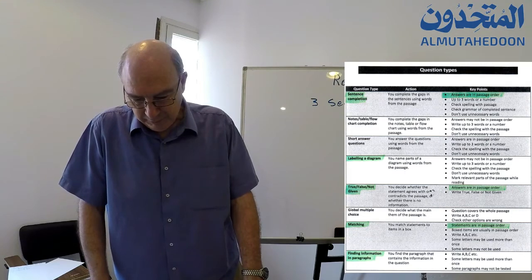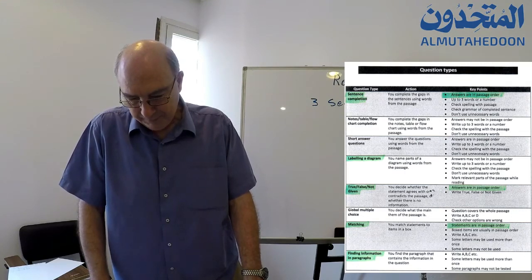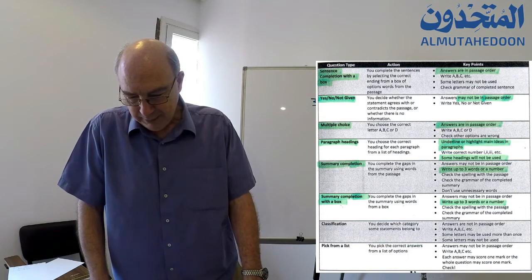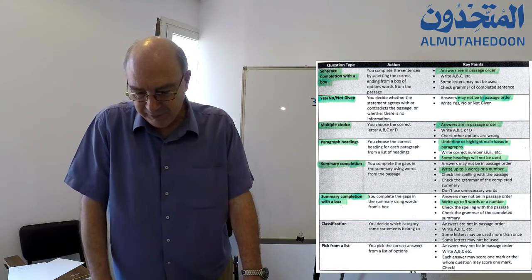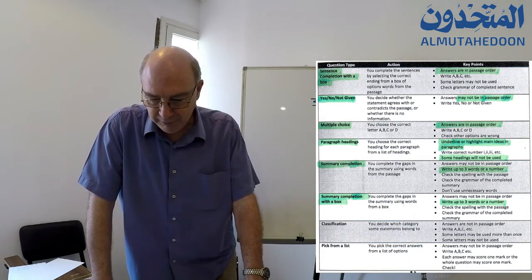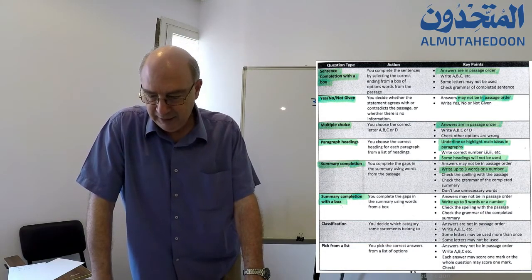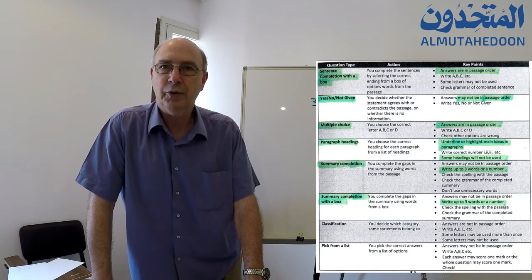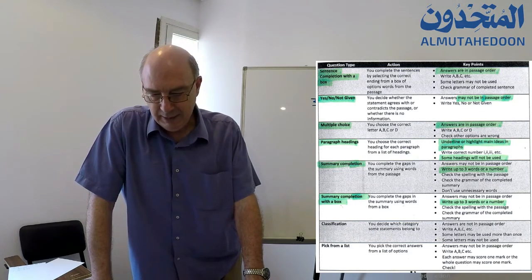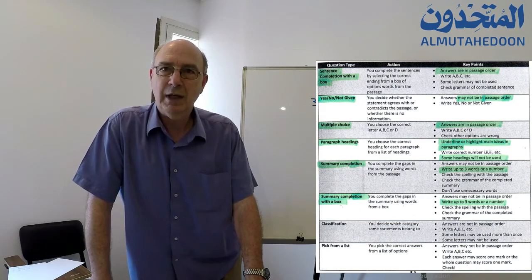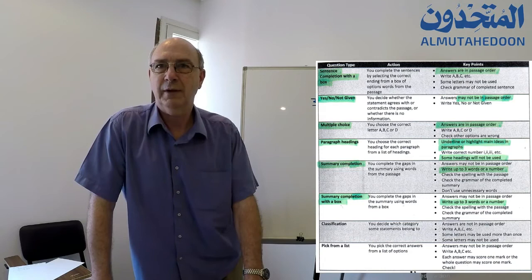The next one I want to talk about on page 4, sentence completion with a box at the top. It says you complete the sentences by selecting the correct ending from a box of option words from the passage. And then it says answers are in passage order. They're always in order of the text. Now, however, if I had the answers in a box, I personally would not look in the text for the answers.